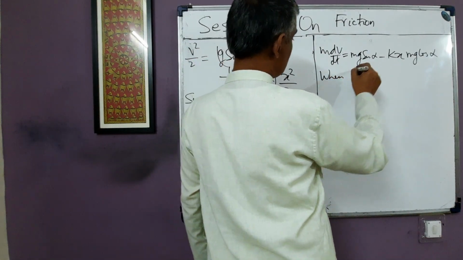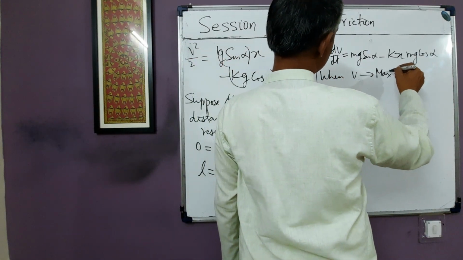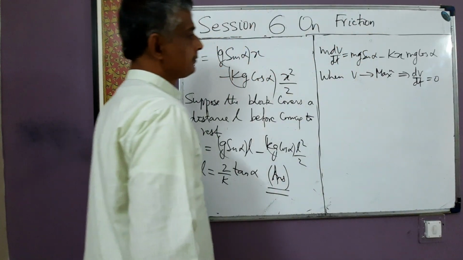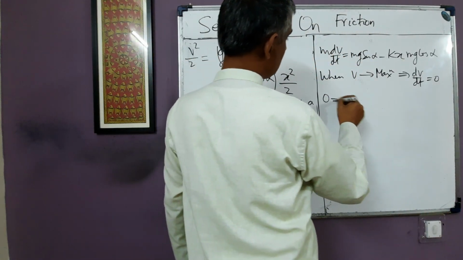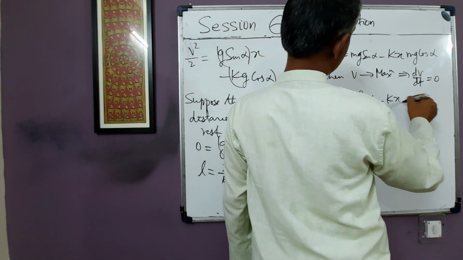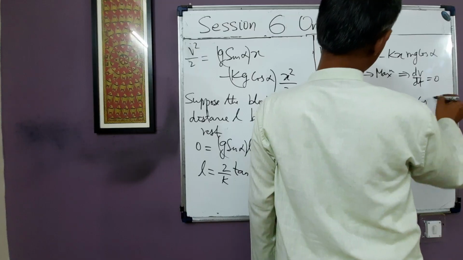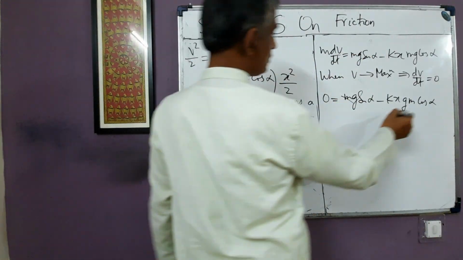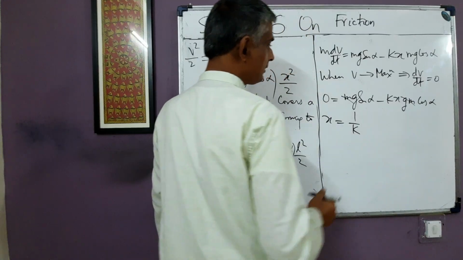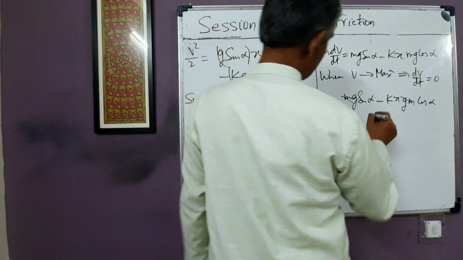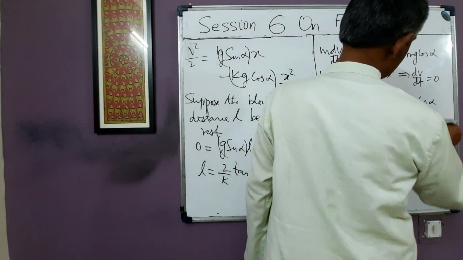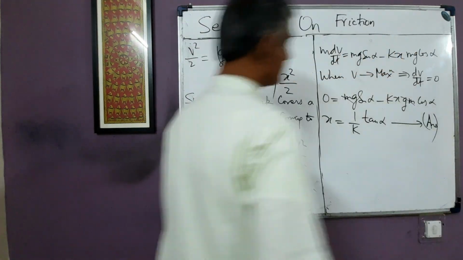So this term becomes 0, and mg sin alpha minus kx mg cos alpha is 0. Now mg goes away, so x becomes 1 by k sin alpha by cos alpha, that is 1 by k tan alpha. At this value of x, v is maximum. This is another part of the answer.